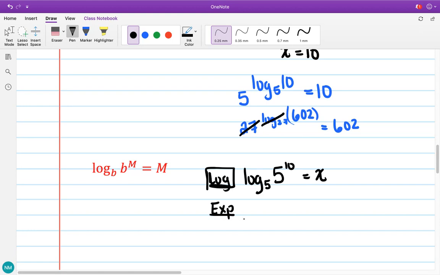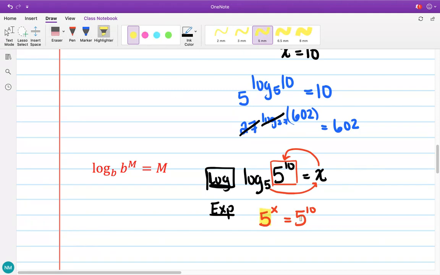Putting this in exponential form, it is my base to this power equals this whole thing. So it's 5 to the x power is equal to 5 to the 10th power. And from our property of equality, we know that if they have the same base, then the exponents are equal. So therefore, x is equal to 10.